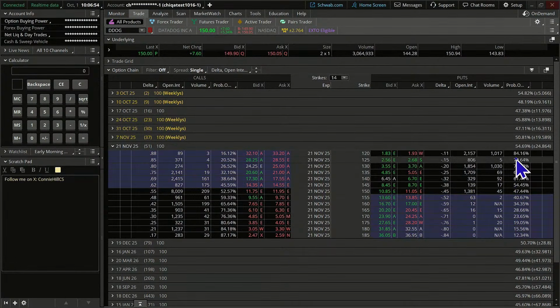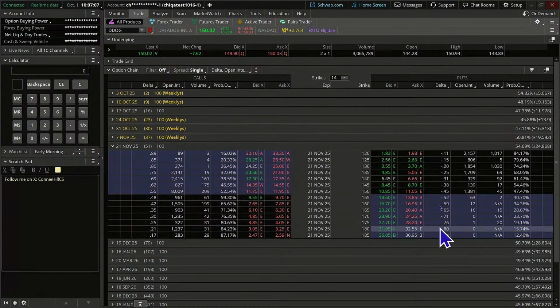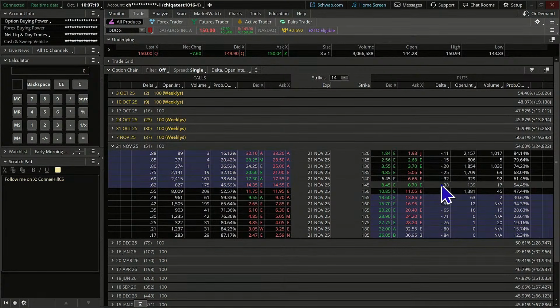When we're seeing those values, that can be helpful to us. One thing that helps us identify what strike we might want to sell is to line ourselves up with the delta column. Sometimes traders like to sell a 30-something delta, sometimes a 40-something delta. Some may feel comfortable with a 20-something delta.